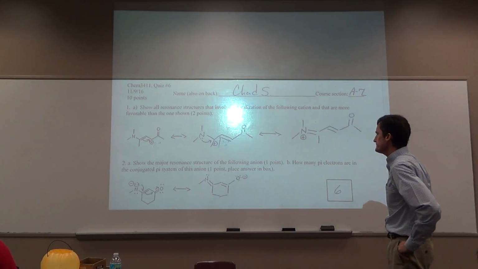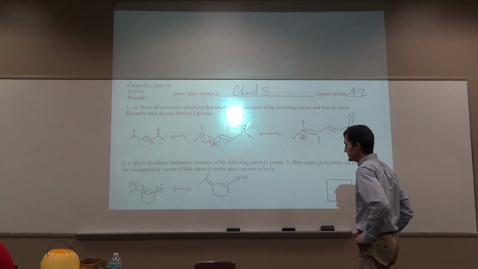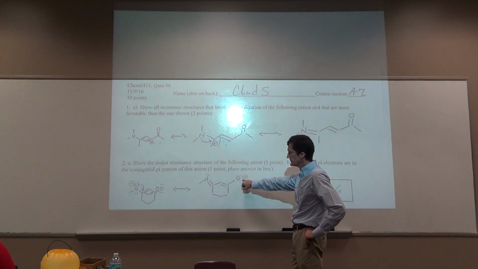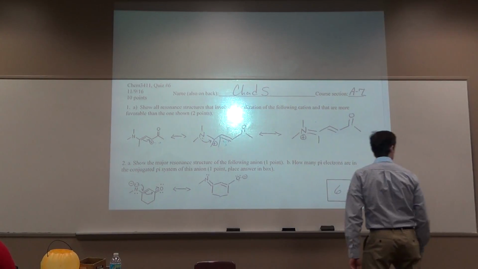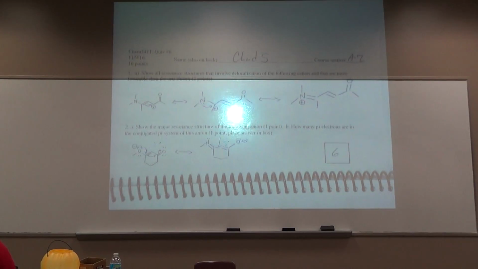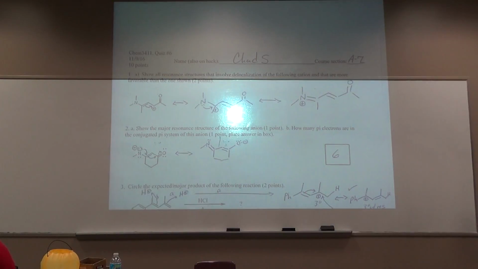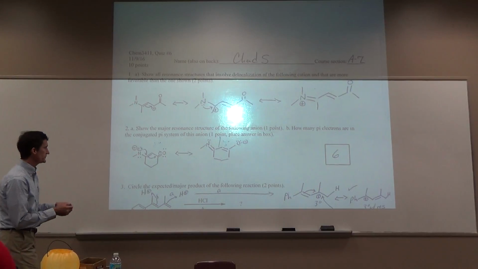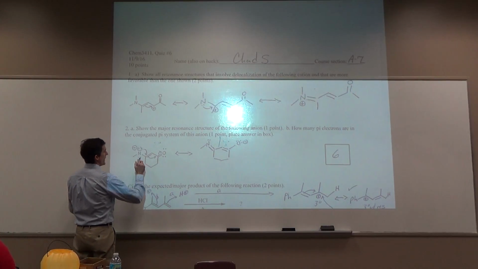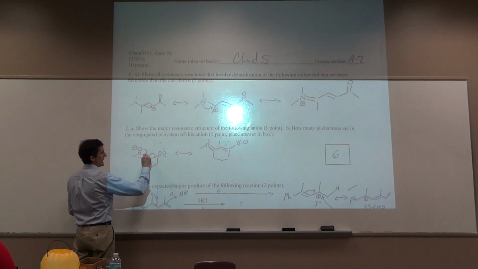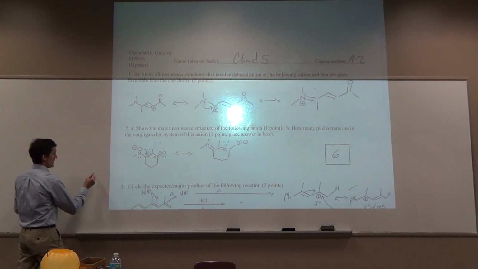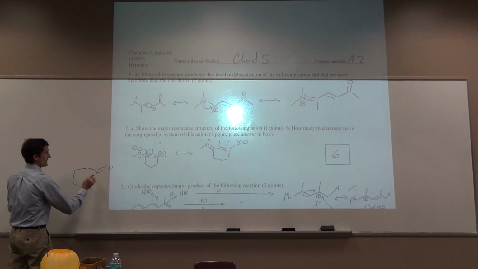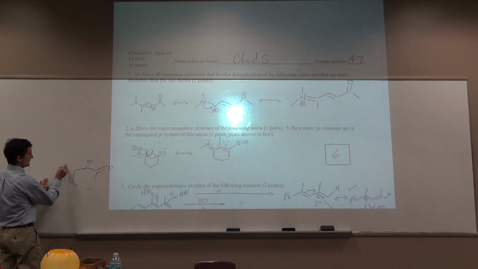Okay. Next one. Major resonance structure. Put electrons on oxygen. I did it all in one swoop. I skipped a resonance structure in between. You can't do that. For you guys, I'd recommend one resonance structure at a time. If you just move these in and move these out, you would get a resonance structure, a little pair here.